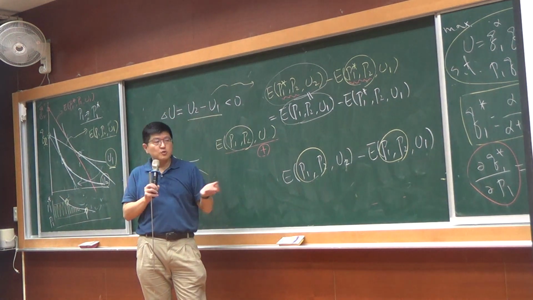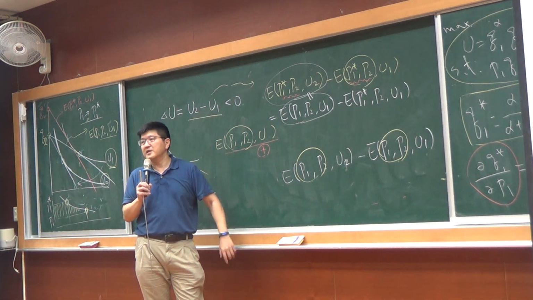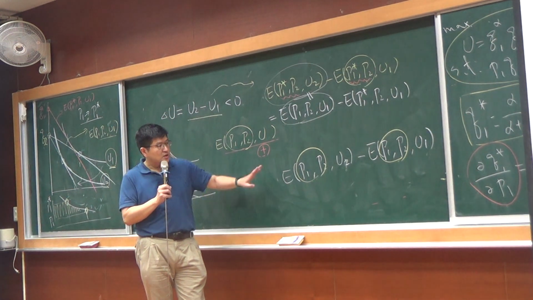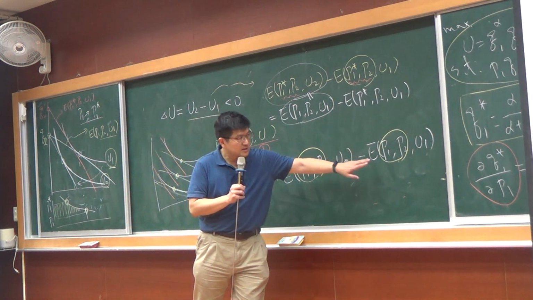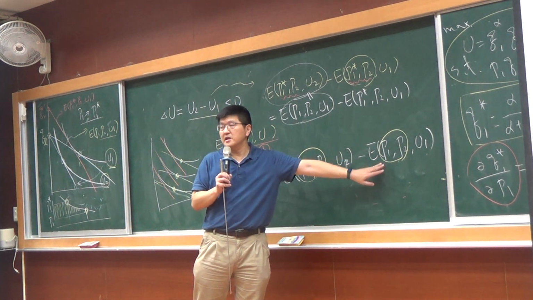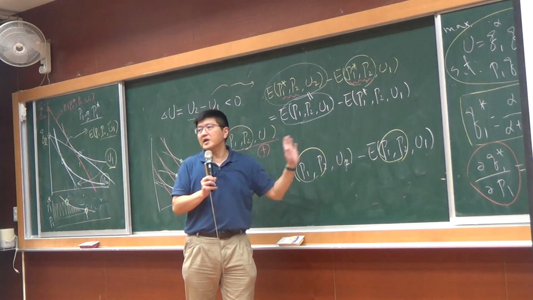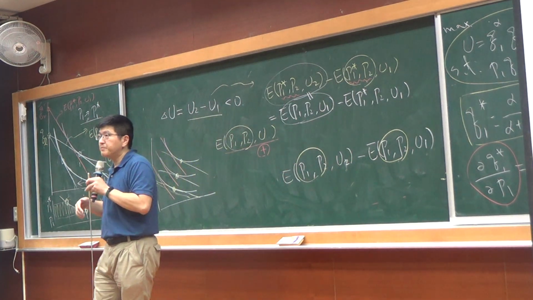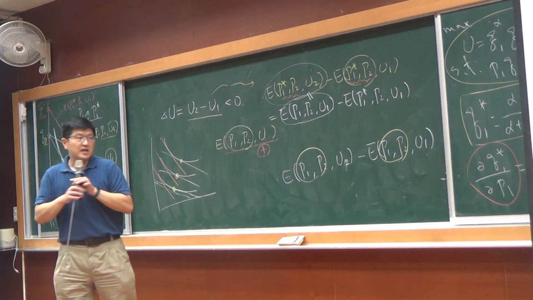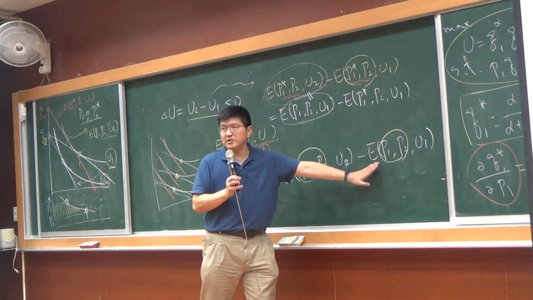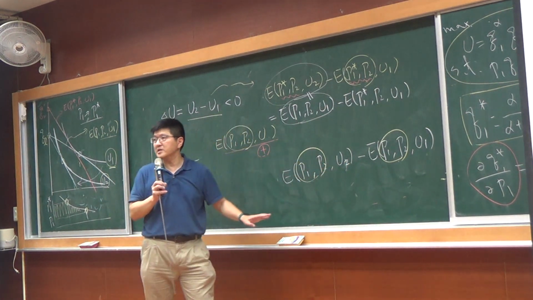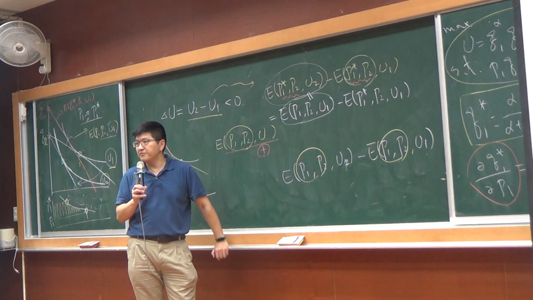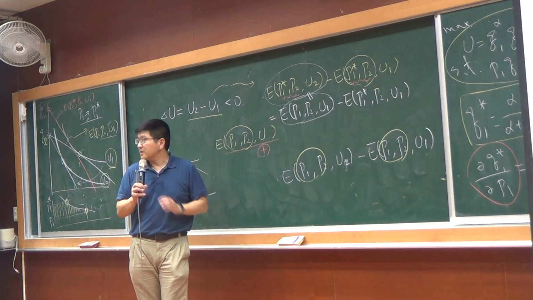It is another way to measure utility. So the new utility minus the old utility, if it is positive, which means you are better off. If the difference is negative, which means you are worse off. Okay?